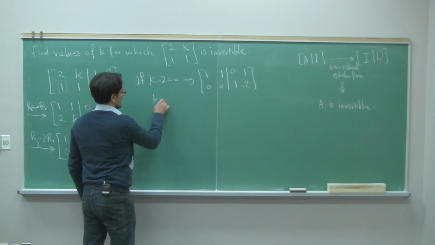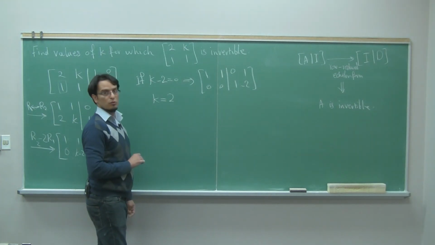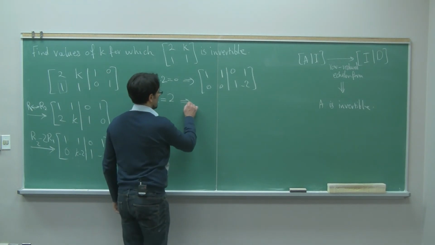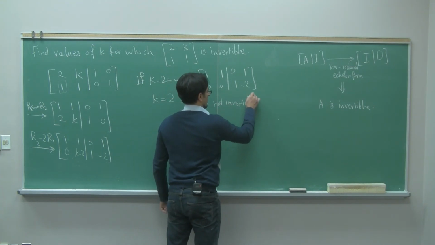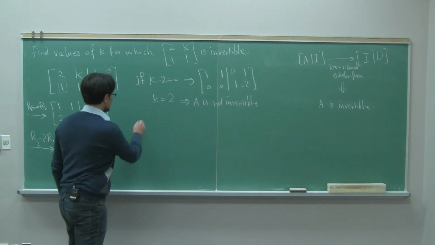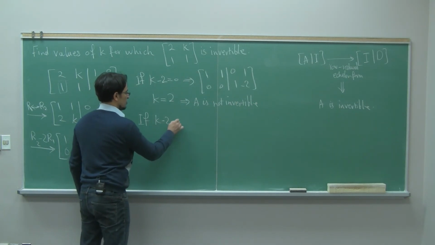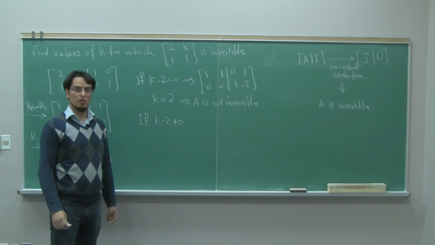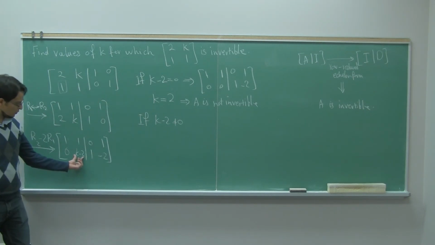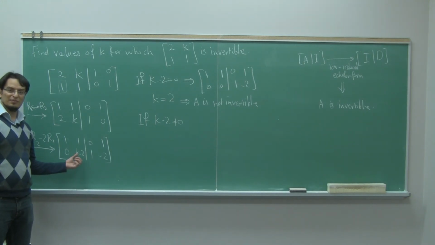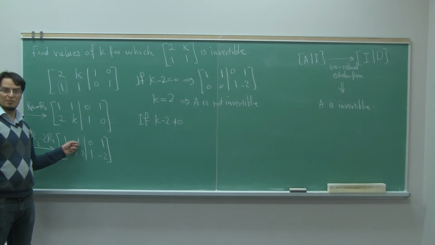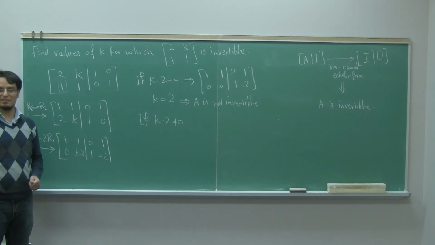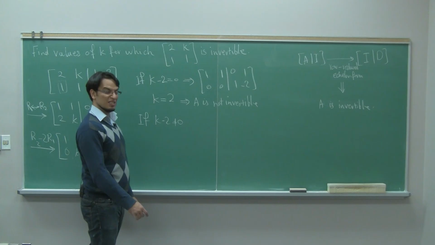So solving k minus 2 equal to 0 means k is 2, and then A is not invertible. What if k minus 2 is not 0? Then I can divide row 2 by k minus 2 and make it my next leading one, and then use that to make this entry 0. I will get identity.